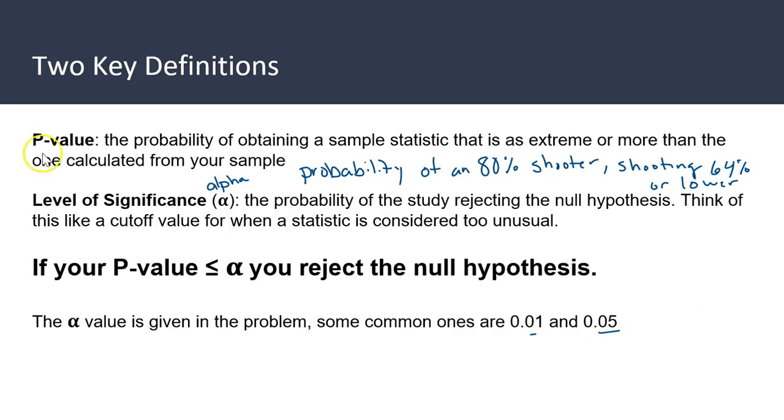If our p-value, the probability of this happening, is lower than whatever the study sets as the alpha level, we reject the null hypothesis. In this case, we would say Coach Rivers is not really an 80% shooter, because it's too unlikely that he shoots 64% or lower.